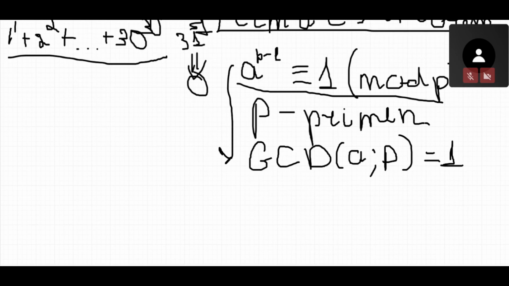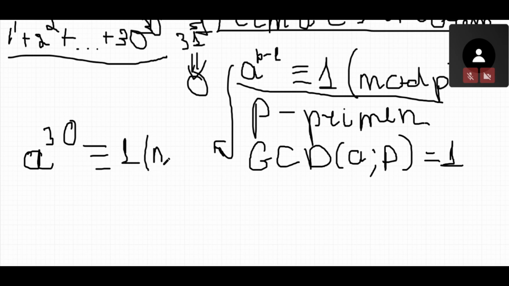Then we will use Fermat's theorem, and I will write a power of 30 is equivalent to 1 at mod 31. Okay, it's good information for us.